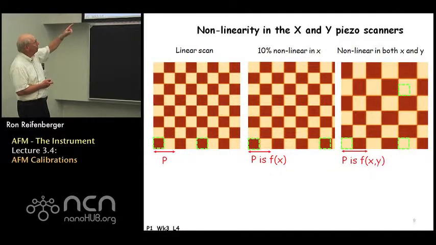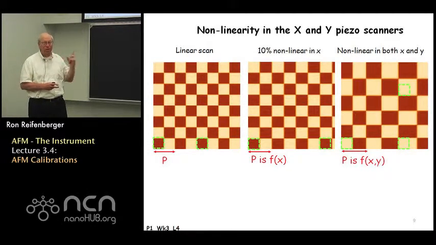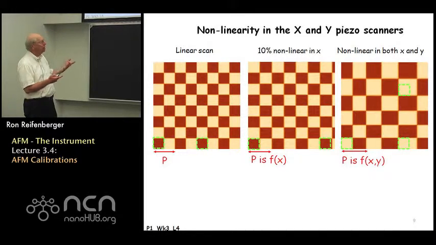So I've tried to indicate that by the dashed green boxes in the middle panel. And then lastly, you can have a situation where the scanners are both nonlinear in X and Y, and if that's the case, then the size of the features are going to depend not only on the X position but the Y position of the feature in your image. So if you purchase one of these calibration gratings, this is a pretty easy thing to check, and gives you some confidence that your instrument's performing properly.